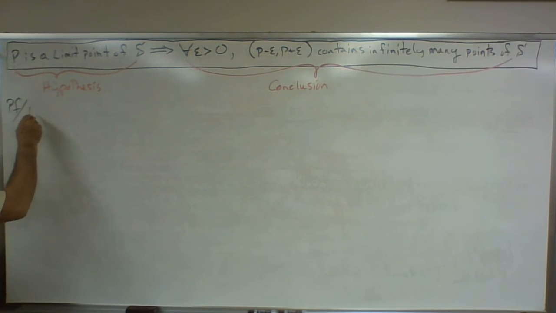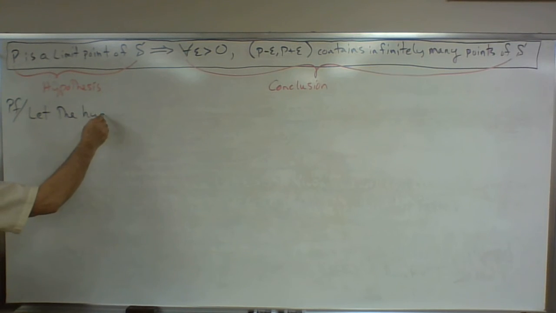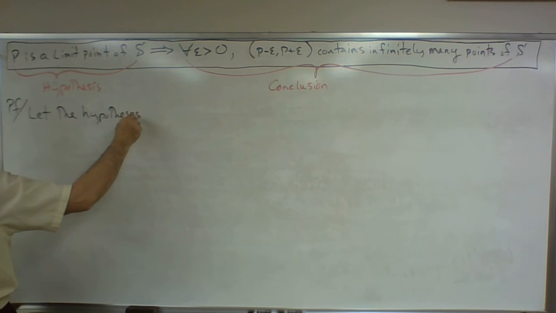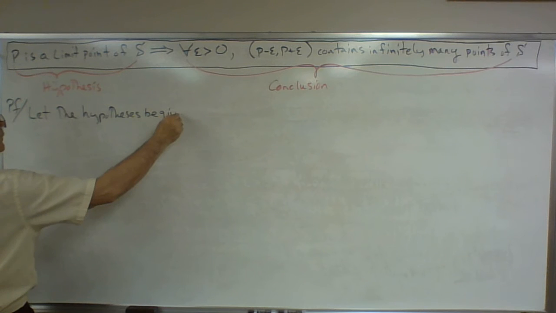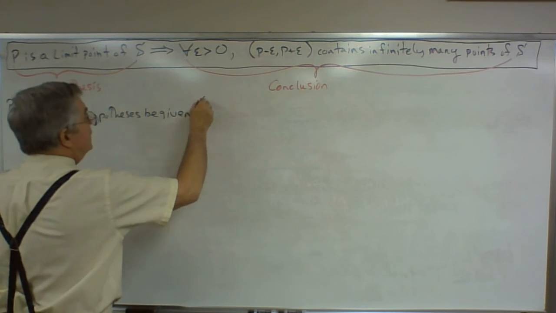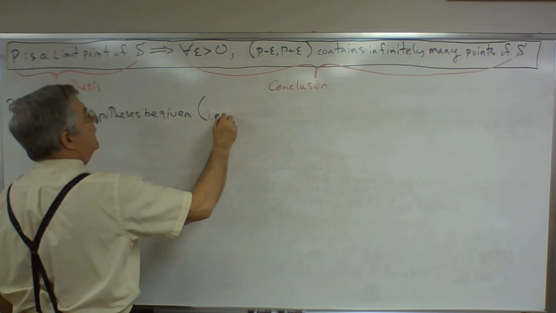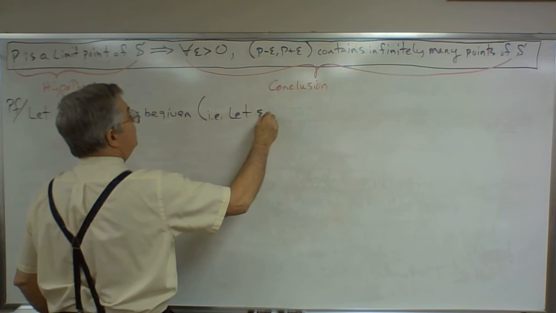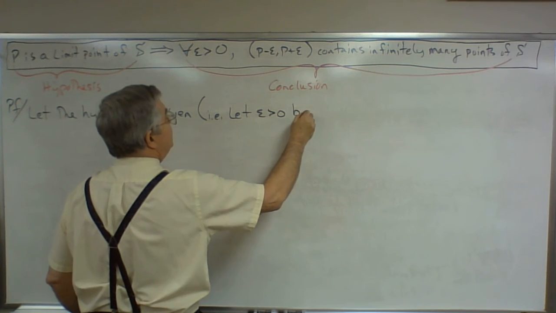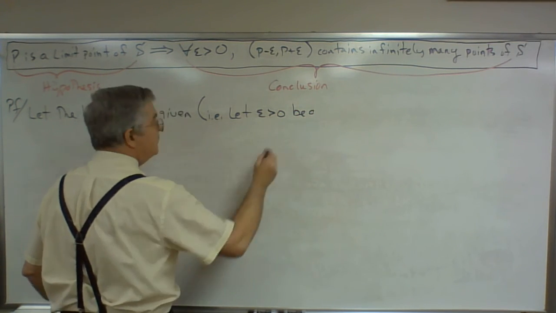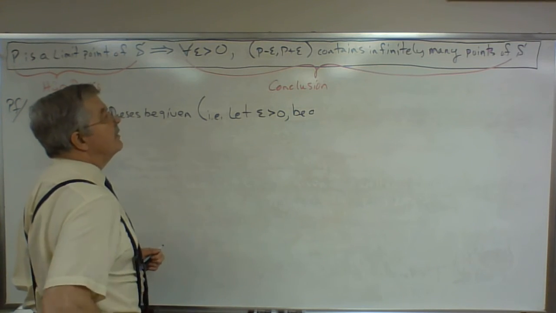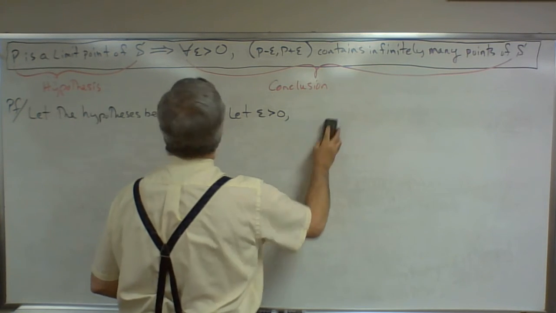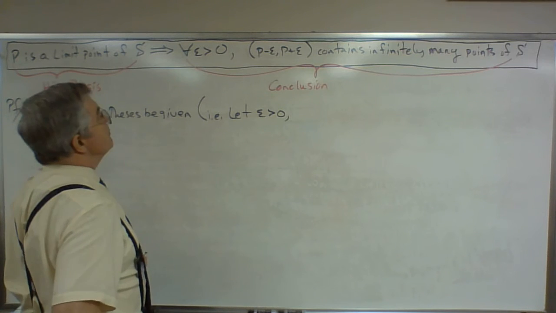I'll hit the chicken switch and say, let the hypotheses be given. That is, let epsilon greater than 0 be given, and suppose that P is a limit point of S.